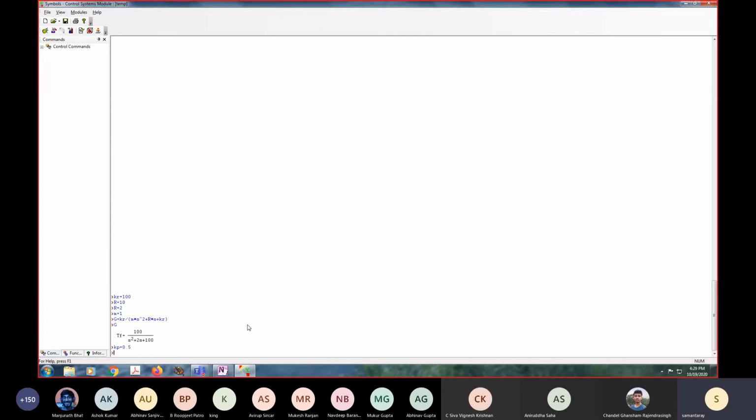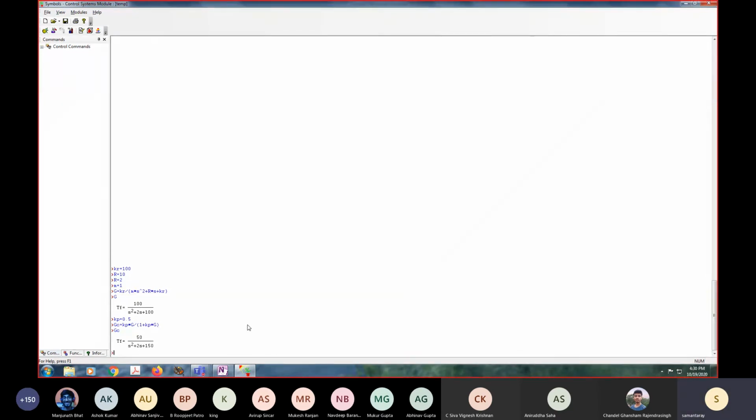So Kp is 0.5. So G closed loop is Kp into G divided by 1 plus Kp times G. So I get my G closed loop. This is my closed loop system. And some B I take.